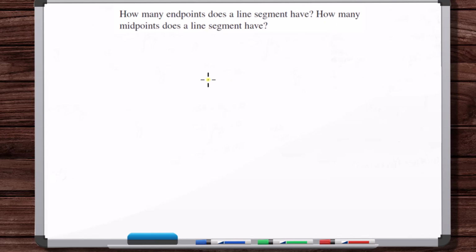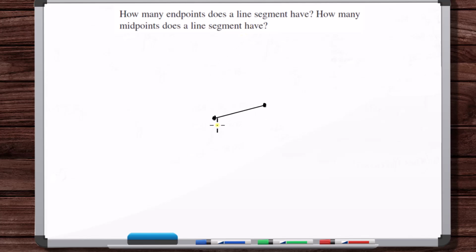So a line segment, we know, is a portion of a line. So a line extends infinitely in both directions, but if you take out a portion of that line, then that's what's called a line segment.